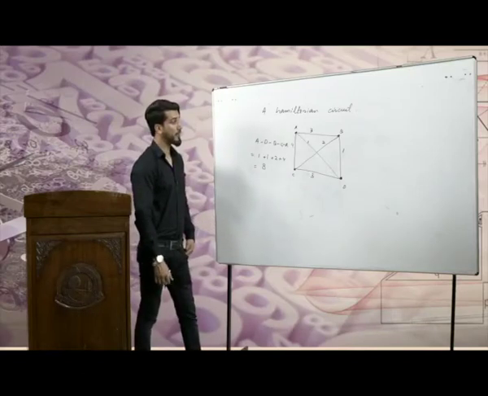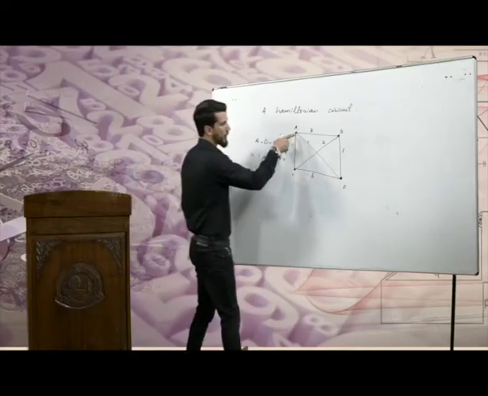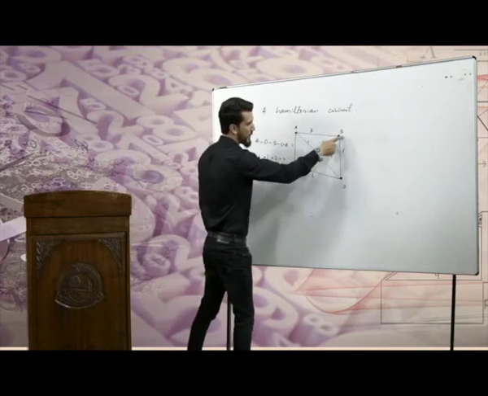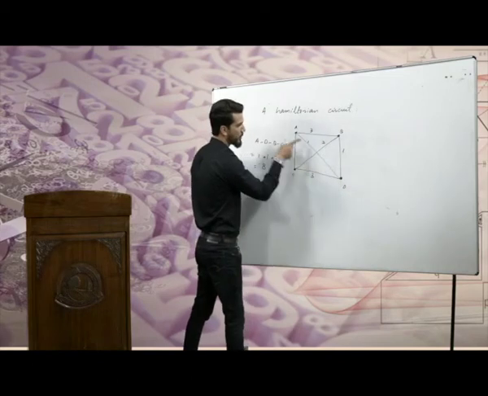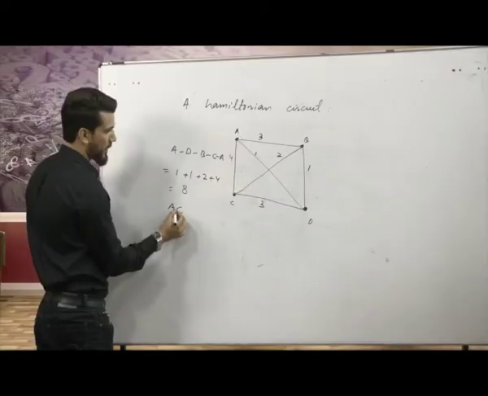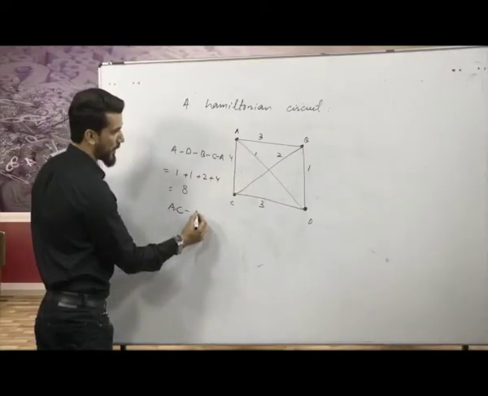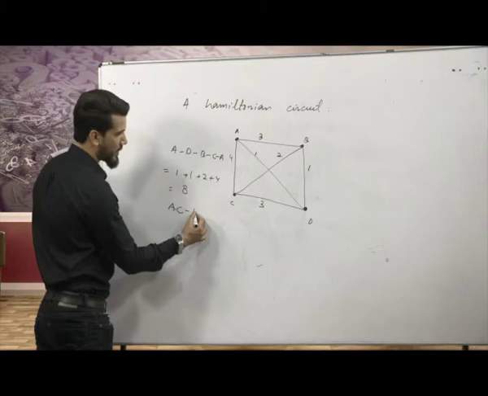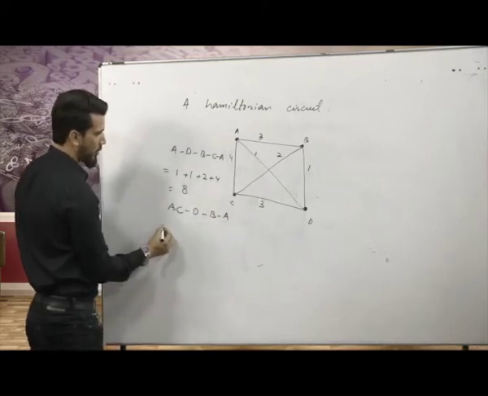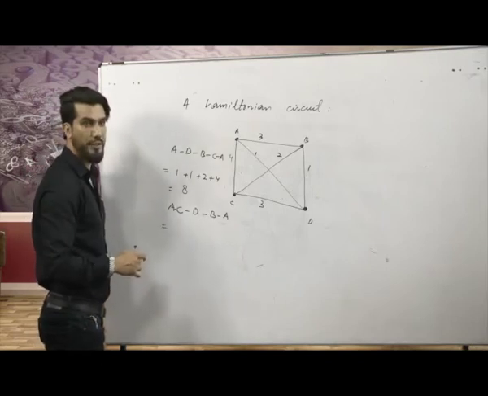If we take one more shot at this, if we take a circuit like this, A to C, C to D, D to B, and B to A. What will be the cost of this Hamiltonian circuit?